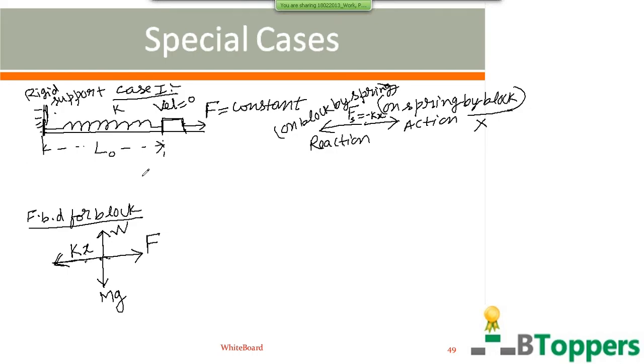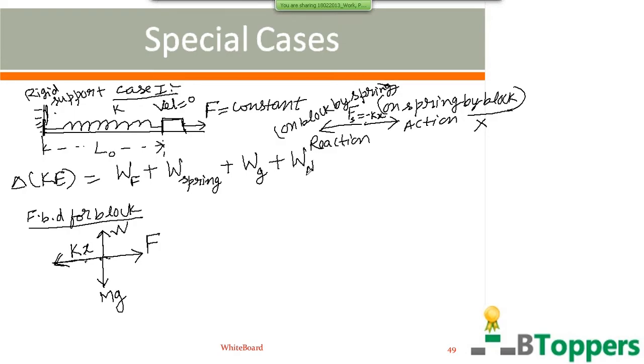According to the work energy theorem, change in the kinetic energy of the block is equal to the total work done by all the forces acting on the block. That is, work done by the constant force F applied on the block by an external agent, plus work done by elastic force by the spring, plus work done by the gravitational force on the block, plus work done by the normal reaction force on the block.